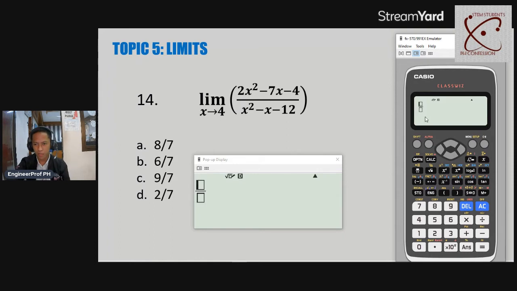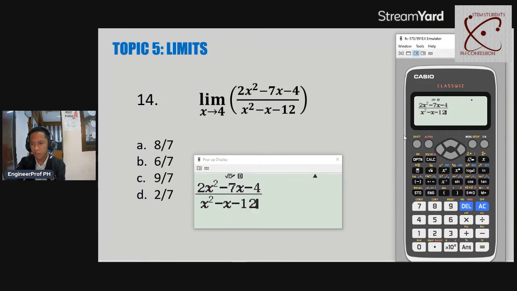Okay, input natin. So, 2 alpha x squared minus 7 alpha x minus 4 all over, we have here alpha x squared minus alpha x minus 12.